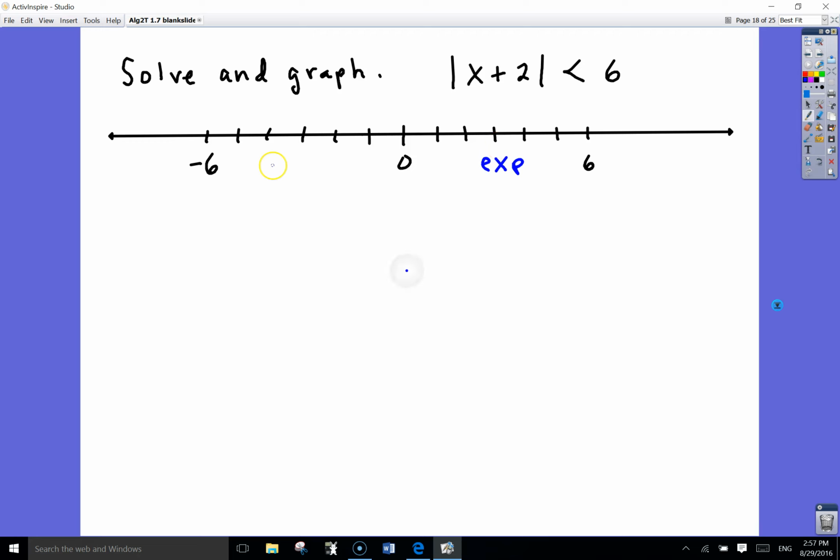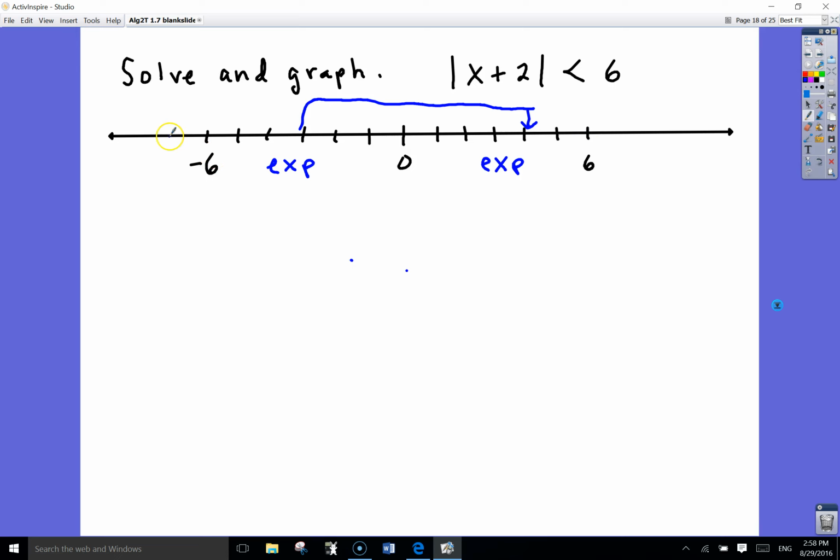But here's the thing. If our expression has a value in between -6 and 0, what happens when I take the absolute value? It's going to flip its sign so that it's in between 0 and 6. So it would be okay for our expression to have values anywhere between 6 and -6.